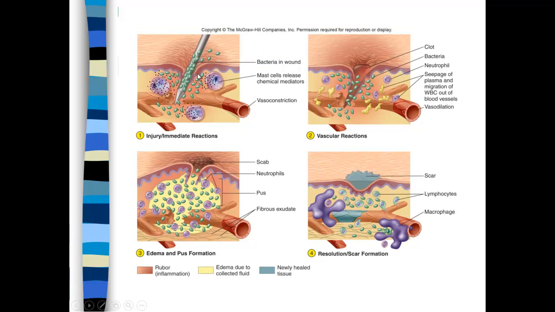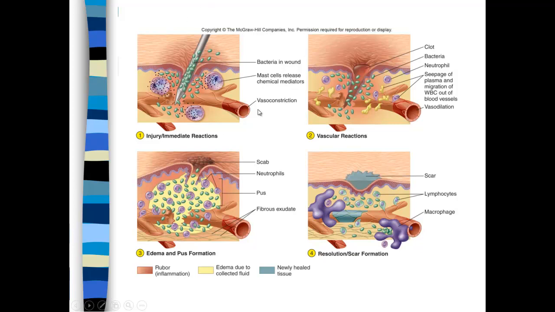Okay, so if we look at the inflammatory response, you'll see some different types of reactions that happen. Immediately, let's say that you get stuck with a nail, and the nail then injects the wound with bacteria. Initially, in order to prevent spread of the bacteria, you have to get vasoconstriction.